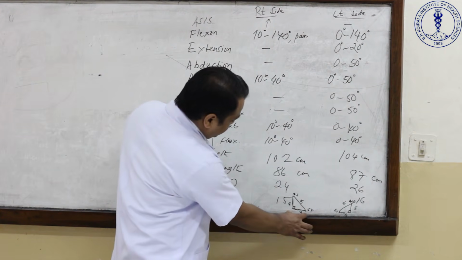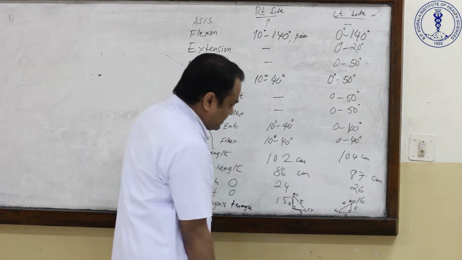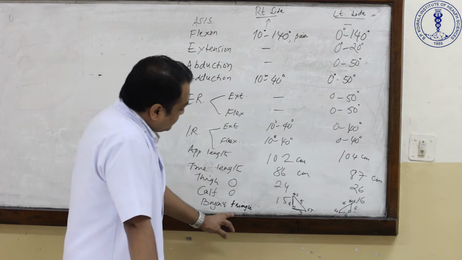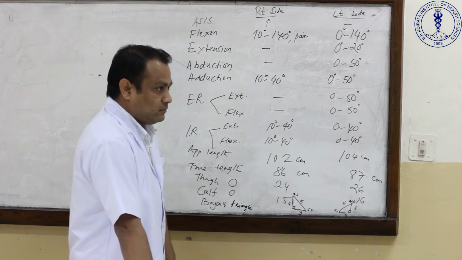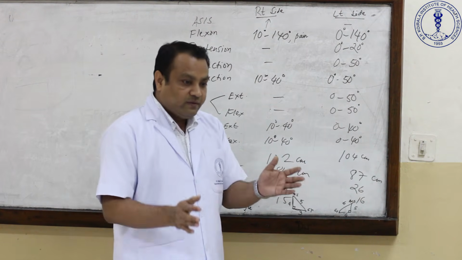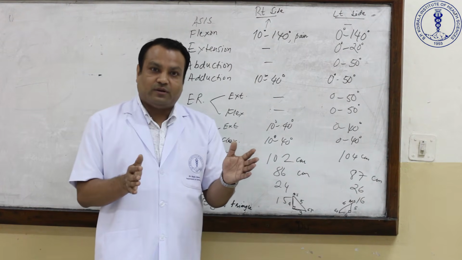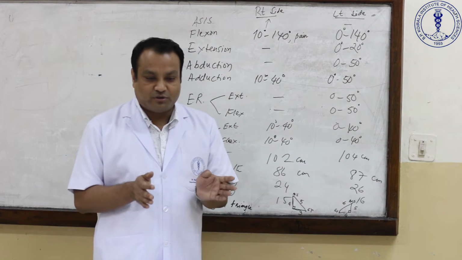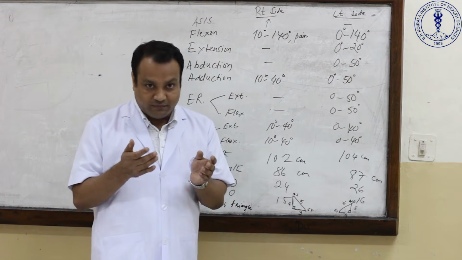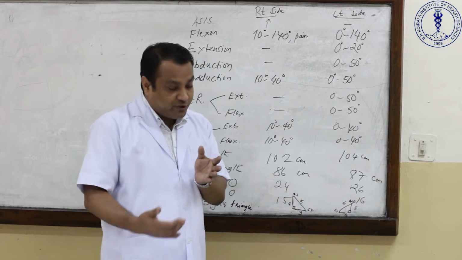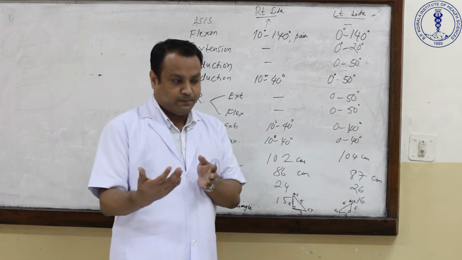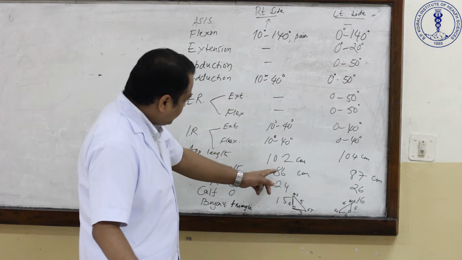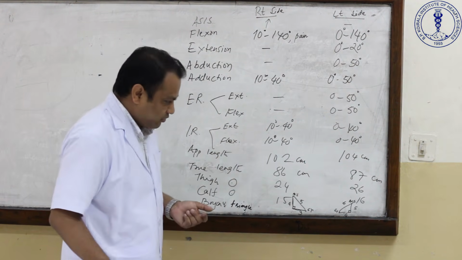So shortening of 1 cm in the base of Bryant's triangle shows that there is 1 cm of true shortening that is supratrochanteric. That means anatomically there is really shortening by 1 cm arising from the area proximal to the trochanter, maybe from the neck of femur or maybe the hip joint. So truly the limb was 1 cm shortened.